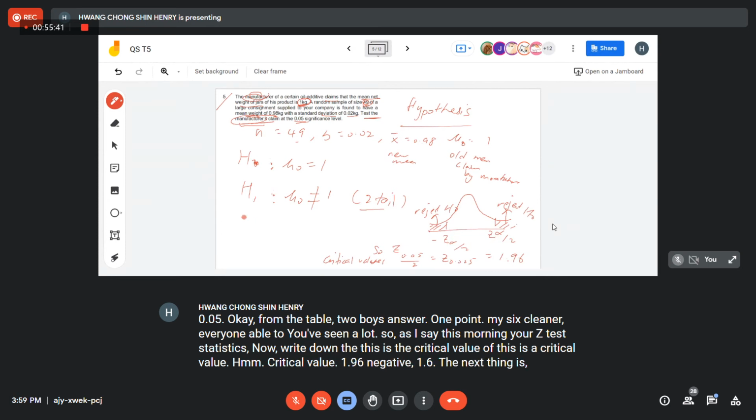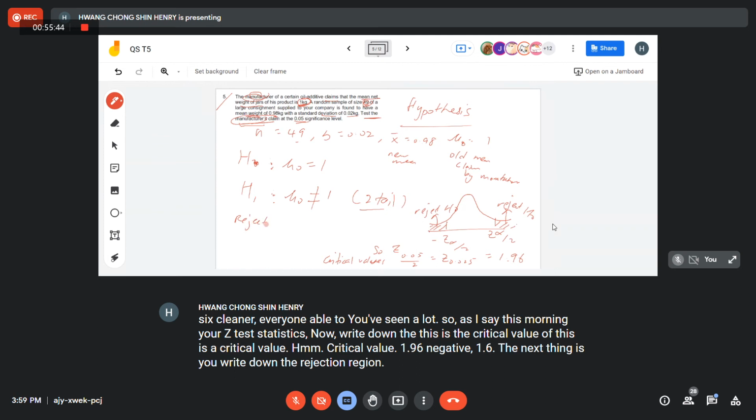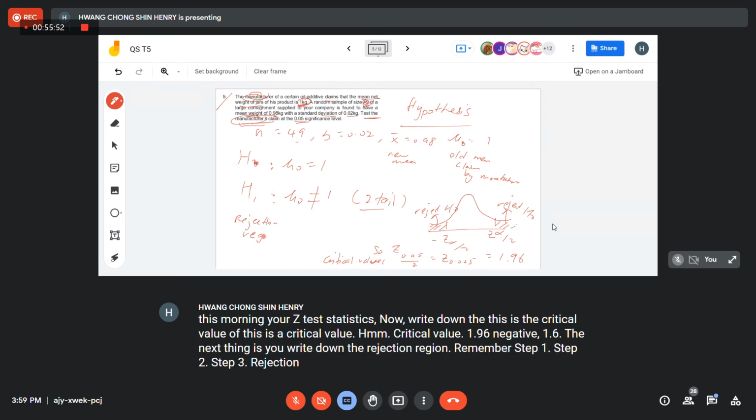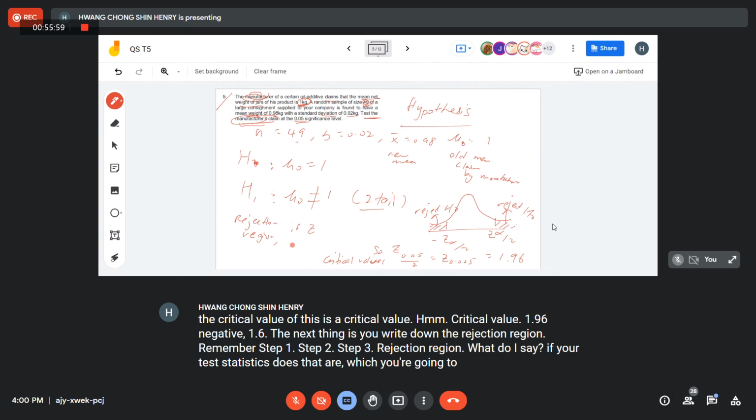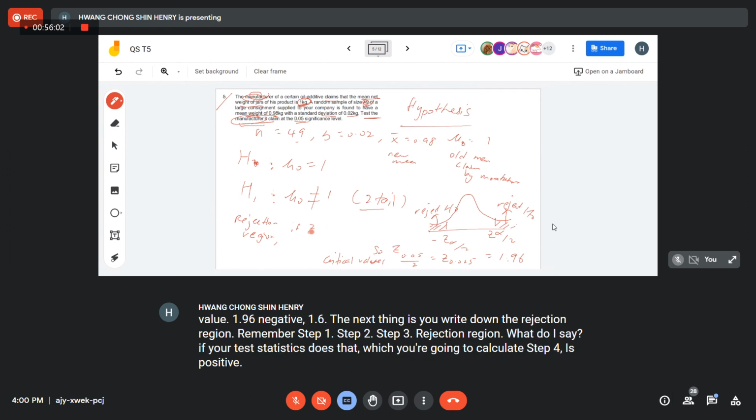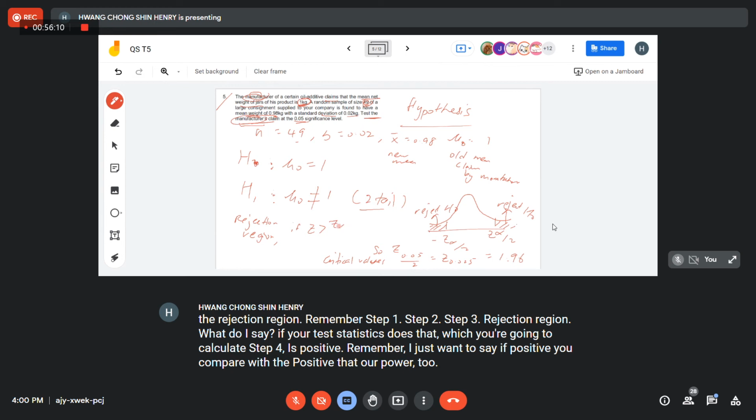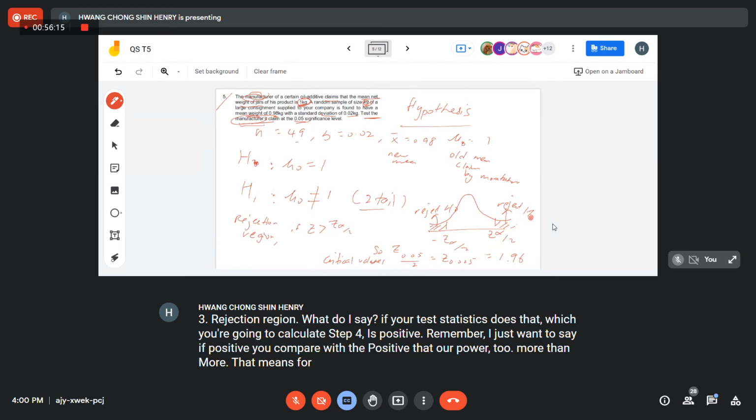The next thing is you write down the rejection region. Remember, step 1, step 2, step 3, rejection region. What did I say? If your test statistic, the Z, which you are going to calculate in step 4, is positive, remember this morning I said if positive, you compare with the positive Z alpha over 2. More than means it falls on the right hand side, right? Which means it falls into the shaded region.